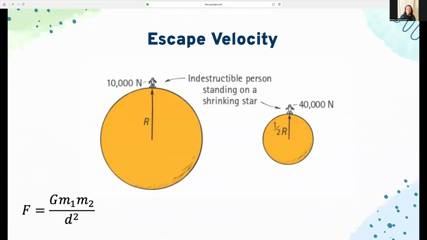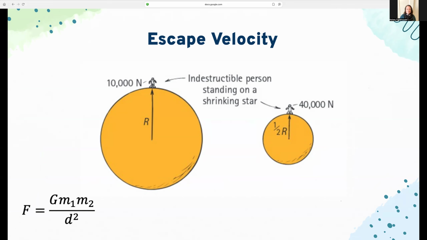Now, with respect to gravity again, well, that was about gravity too, and the moon. So anyway, we have an indestructible person who's standing on a shrinking star.